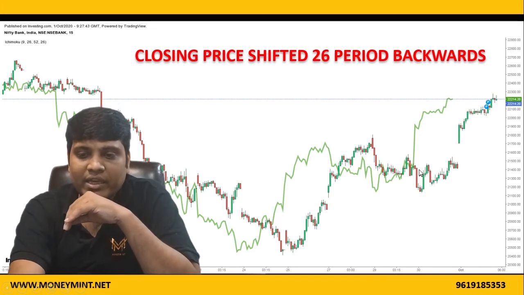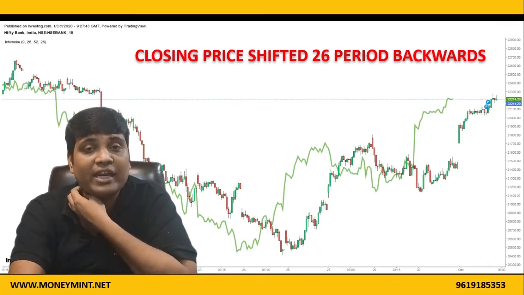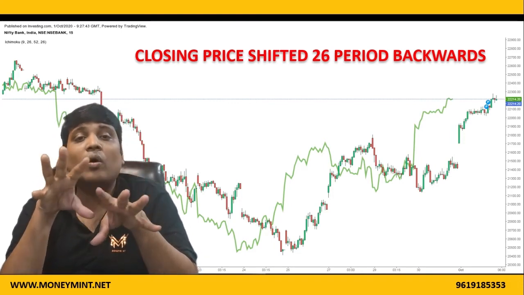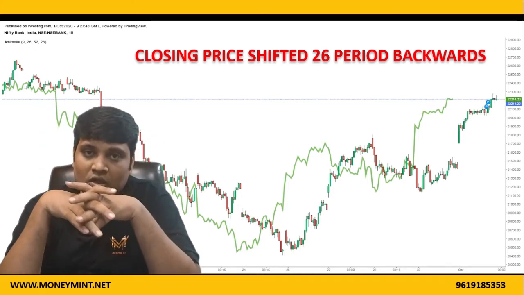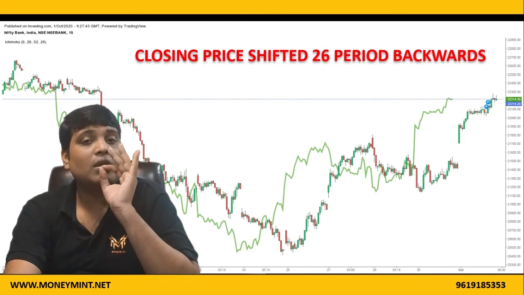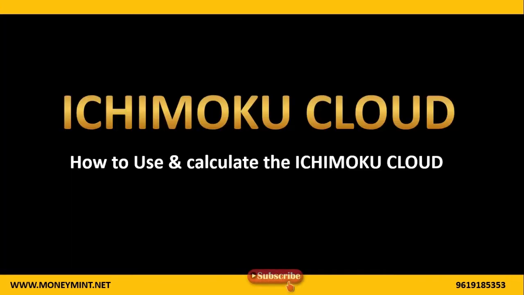Now somewhere here, if we go behind, we see the Chikou span line below the price, that shows the market is bearish. This is a very good indicator, and it is used along with other strategies to gauge the strength of the trend. It is one of the very good components of Ichimoku. Now in the next video we will see how to read the entire Ichimoku cloud.